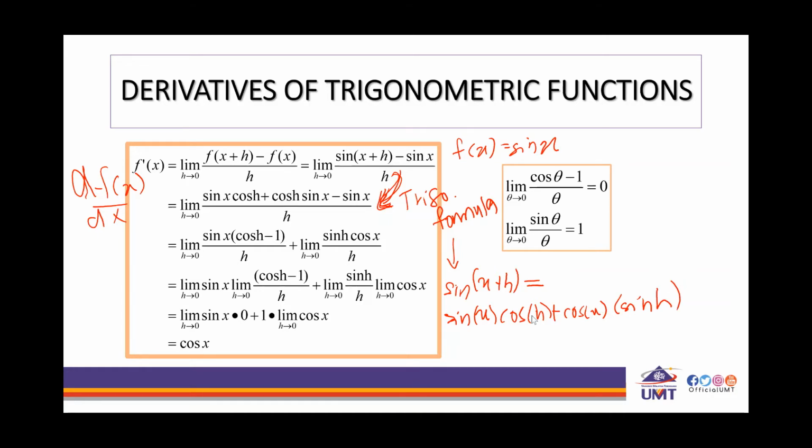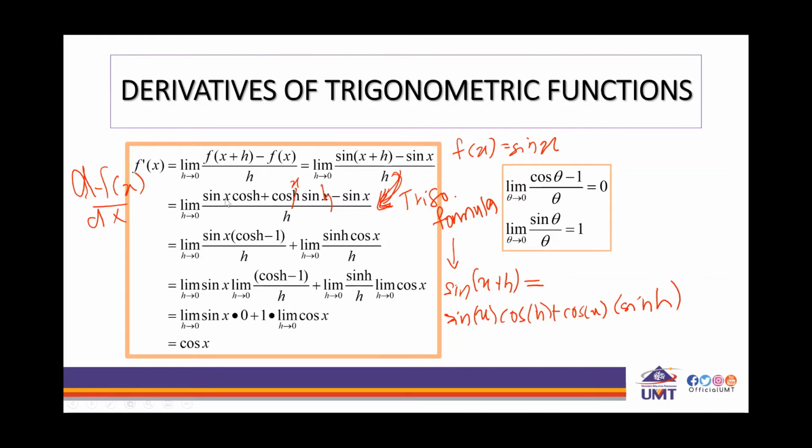So this is how it end up here. Okay, minus sine. Kalau if you see there's a typo mistake here, right? This should be cos x sine h. Okay, tapi yang kat bawah ni semua dah betul. Kat sini yang salah. Okay, in your notes tu salah. Nanti I will amend it.